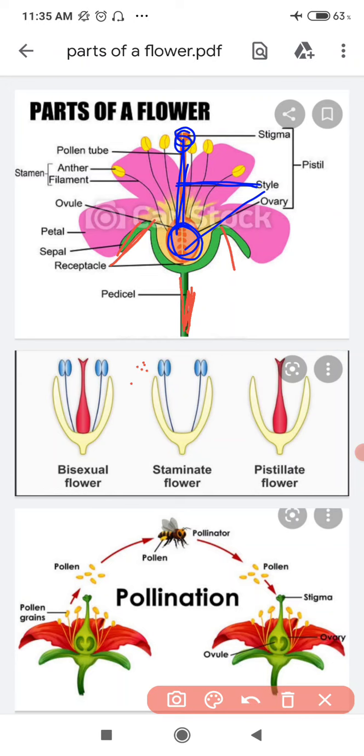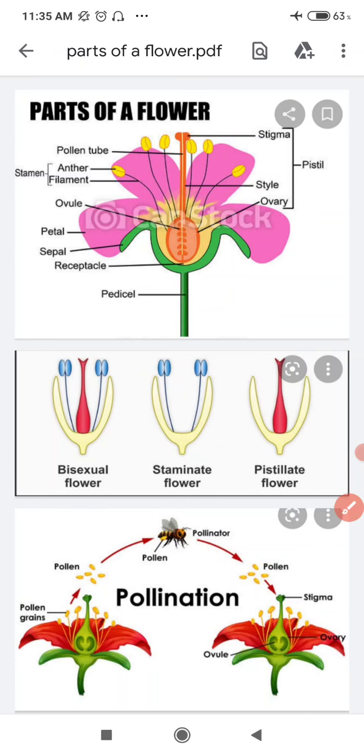Ovary contains one or many small egg-like structures called ovules. Later, ovary develops into a fruit and its ovules develop into seeds. So, these all are the parts of the flower.